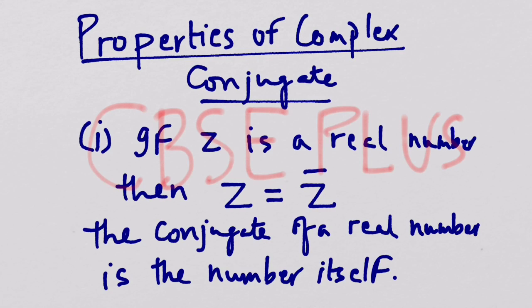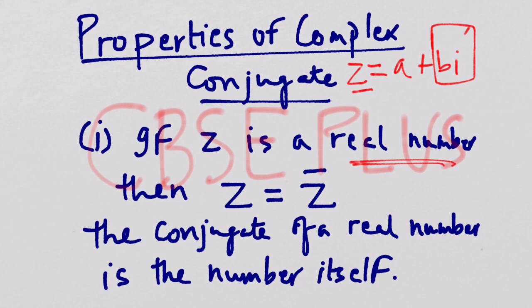If z is a real number, then z is equal to the conjugate of z. What does it mean if z is a real number? It means z is equal to a plus b iota, and b iota is cancelled out.